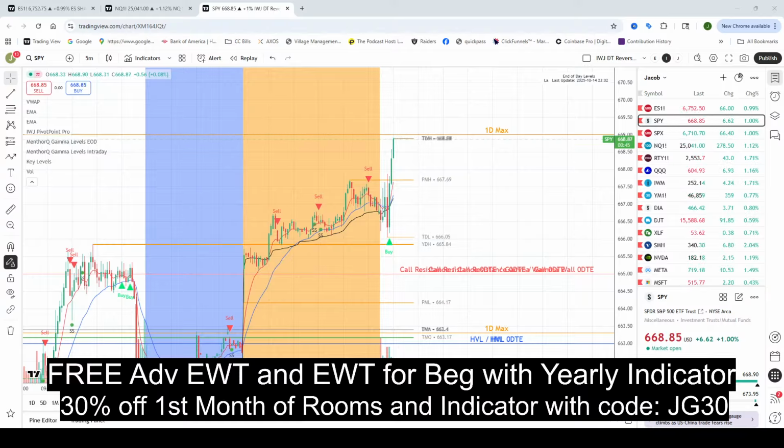Internals are still bullish, so we will continue to ride this out until it fails. As I said, we would expect this area, though, to be pretty strong resistance.